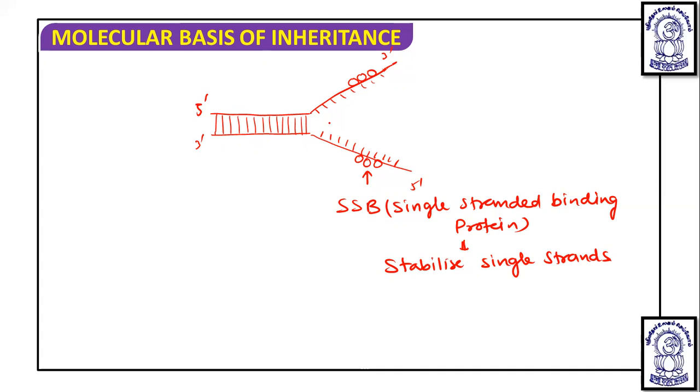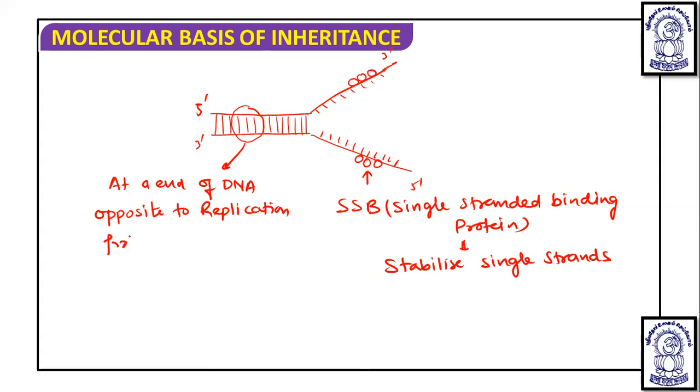Now when unwinding takes place and the replication fork is produced, at the back side, at the end of DNA opposite to the replication fork, supercoiling develops.